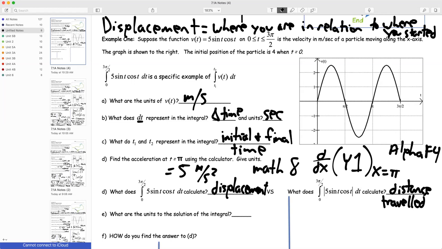The units to the solution of this would be in meters.